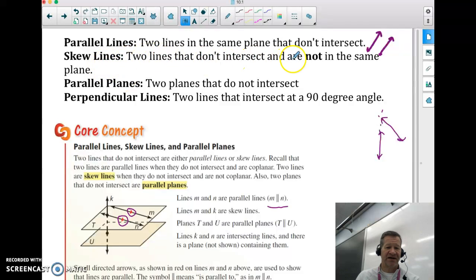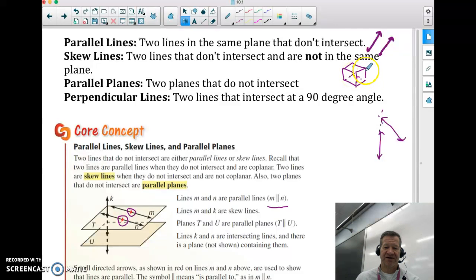Skew lines are lines that don't intersect and are not in the same plane. So two lines that don't intersect and aren't in the same plane. It's easiest to show this on a box, for example. If I draw a box, which has a bunch of line segments, but remember, line segments are just a segment of a line. I'm doing the best I can here, not looking very good, but here's my box.